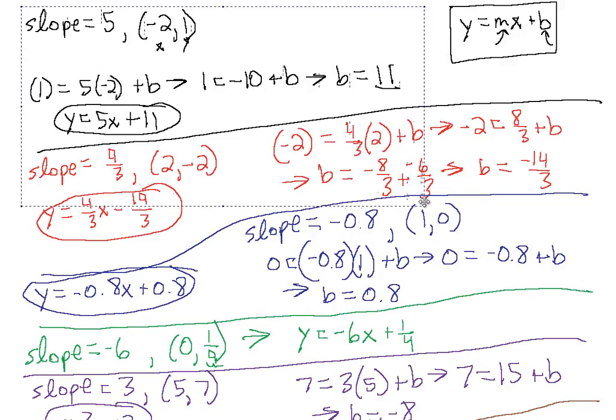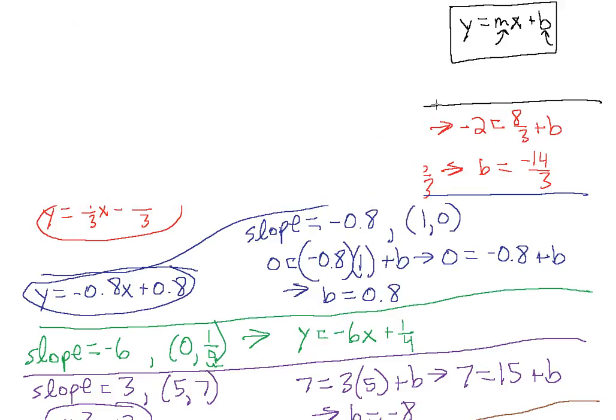Okay, let's get some room here so we can do a few more. Let's say we have a slope of 5/3, and the line passes through the point 1, 1/2. We need to find our y-intercept, the b value.